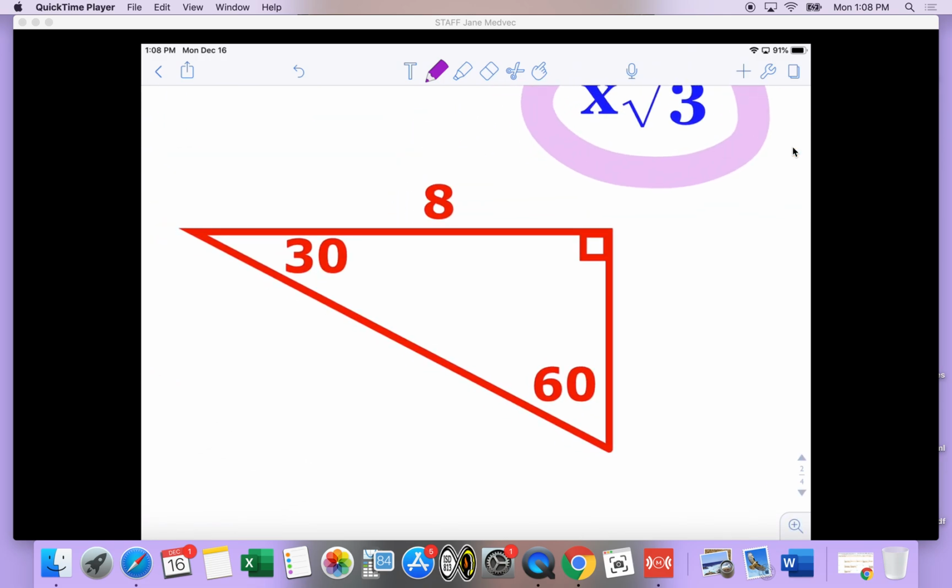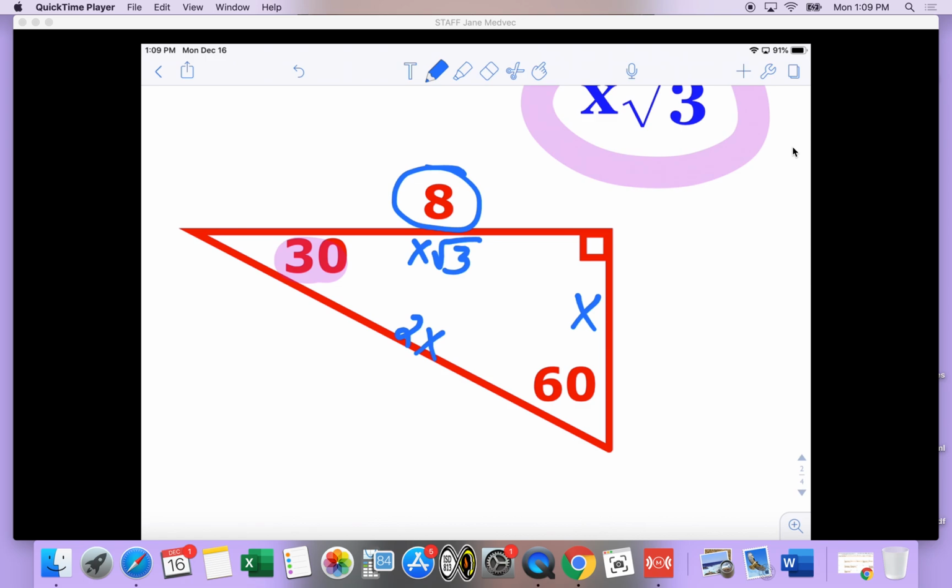So the first angle that I'm going to look at is what? 30. So I'm going to grab my 30. And the side opposite to it is x. My hypotenuse is 2x. And then this is x root 3. Now, they gave me this side, so I'm going to circle it.